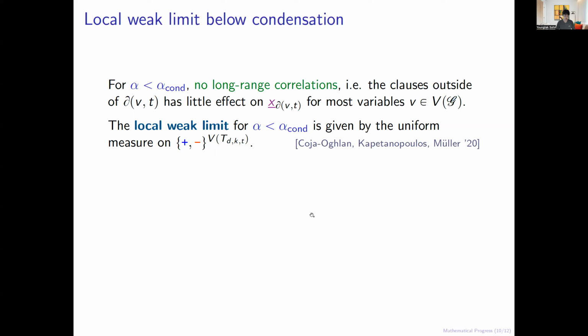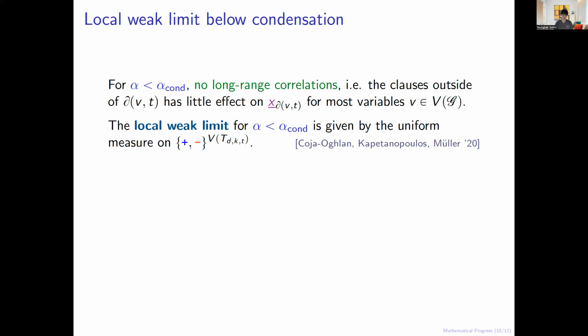Next, I'll discuss the local weak limit below condensation. For alpha below the condensation threshold, there's no long-range correlation. That is to say, the clauses outside of this tree have little effect on the inside of the tree.